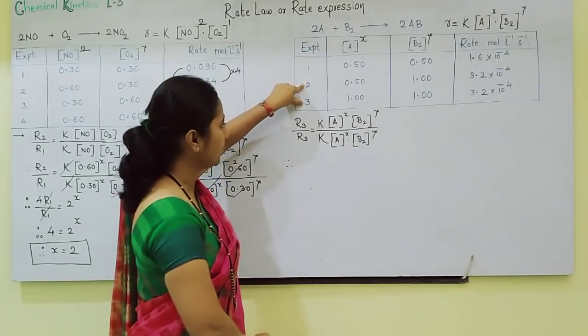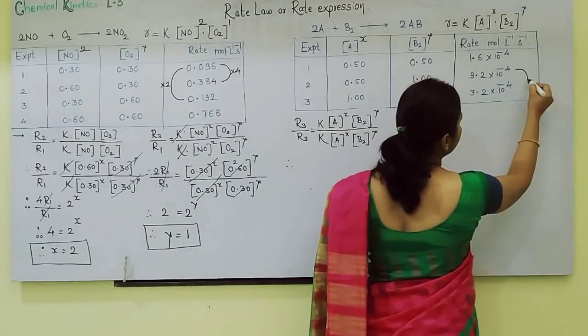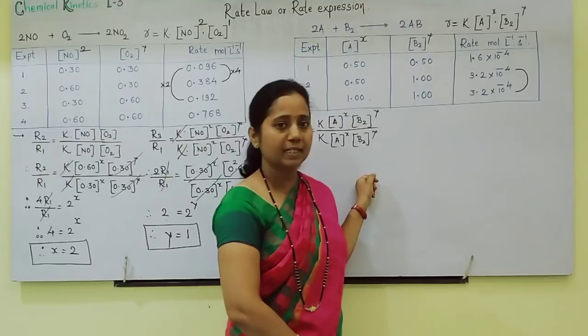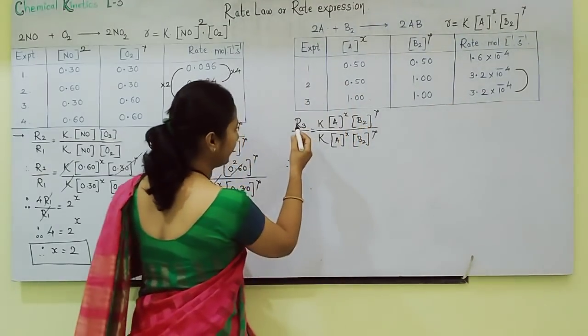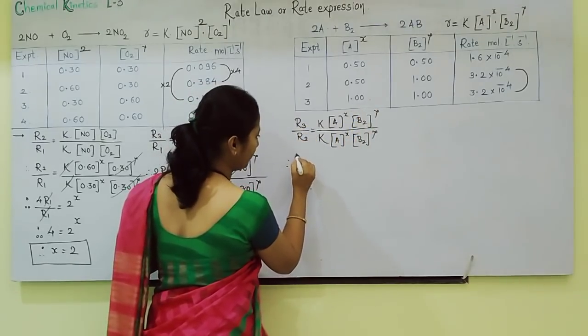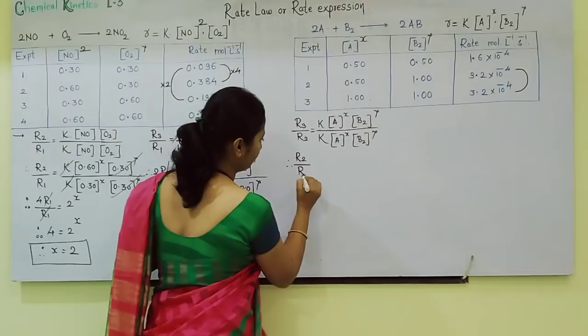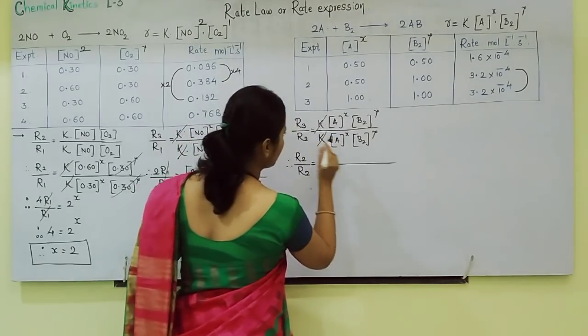Comparing the second and third experiments, look at the rates and tell me what is happening. The rates are the same, so I am writing R2 and R3 are same. Instead of R3 I am writing R2 only. K got cancelled. Substitute the values.